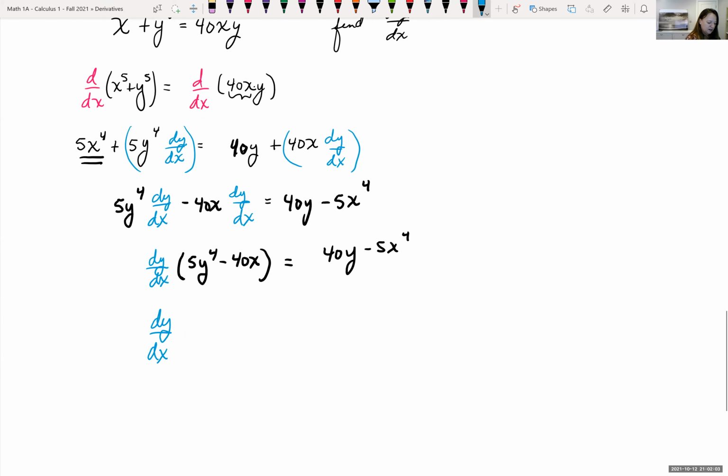I notice that things are going to be able to simplify. When I divide by this parentheses, let's pull out a 5. And over here, this 40y minus 5x to the fourth, I can also pull out a 5. If I pull out a 5 from the right-hand side, I'm left with 8y minus x to the fourth, all over, and if I pull 5 out of what I'm dividing by, I have 5 all times y to the fourth minus 8x.